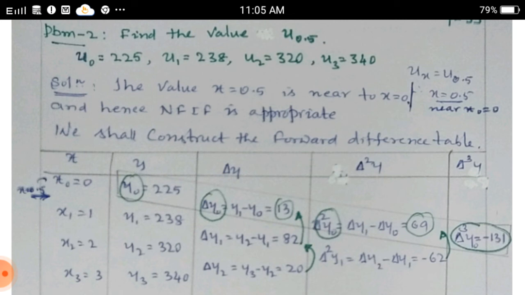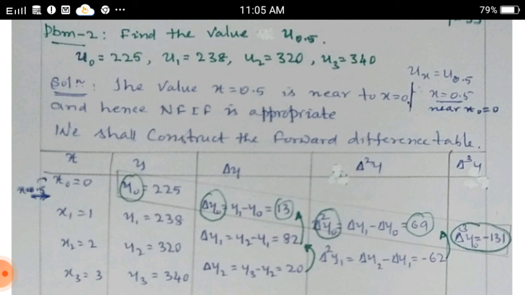Problem 2. Example 2. Find the value of u suffix 0.5, given u suffix 0 is equal to 225, u1 is equal to 238, u2 is equal to 320, u suffix 3 is equal to 340.